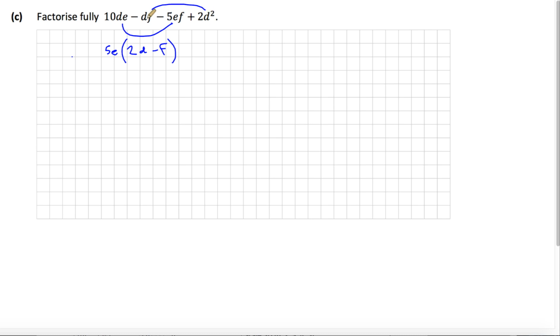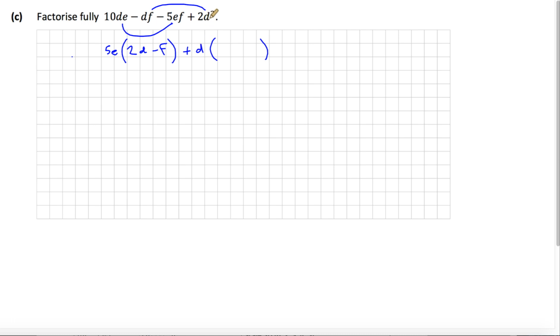Okay, so now looking at my second pair, I've got minus df plus 2d squared. Well, the most I can take out of that would be d, or negative d. So if I take out positive d, I want to get the same bracket as I have here again. So this bracket here, in other words, I'm hoping I get 2d minus f in here.